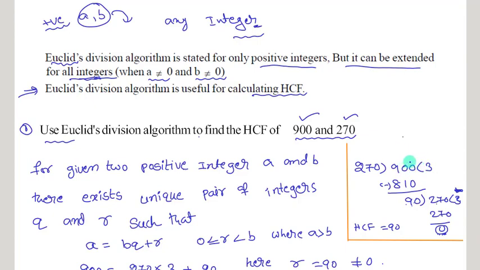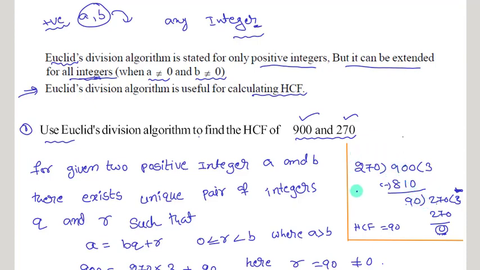Now, how are we going to apply the Euclid division algorithm to find the HCF of the same numbers? The Euclid division algorithm is not something new. It is an equation form of writing a normal division. So this division will be written in the form of an equation so that you get the HCF as 90.